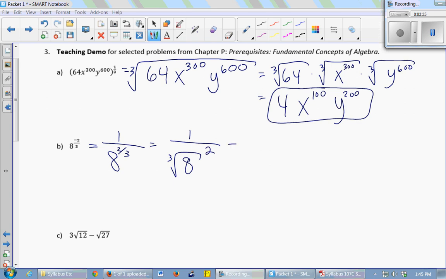So I can do all this in my head. So this is 1 over 2 squared, which is 1/4. Maybe I should have written down that intermediate step. 1 over 2 squared, 1/4. Okay, so that reminds us how to deal with fractional exponents and negative exponents.